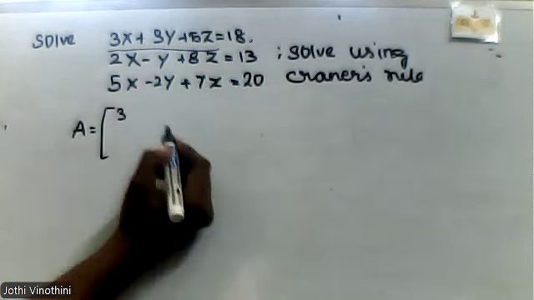I take an element A and make a matrix with only the coefficients on the left-hand side. We name another matrix X, which is x, y, z, and with the elements of the right-hand side we form another matrix B. Initially we have to find del, so we take the determinant of matrix A. We solved it and got del equals 136. I will give you 1 minute so that you can copy this and we will move to the next step.